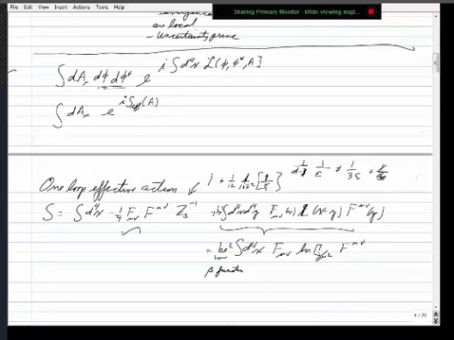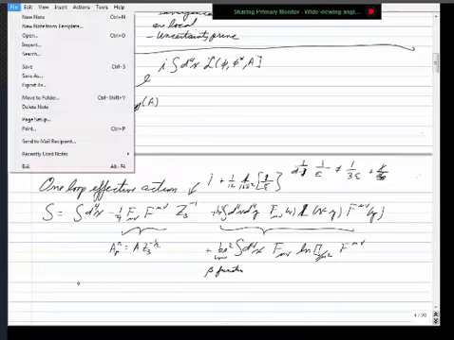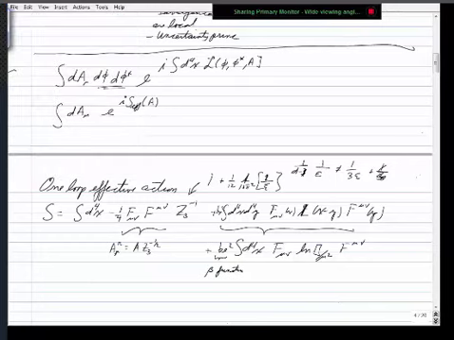Okay, and then I get an additional piece, which is integral d4x d4y F mu nu of x, this L of x minus y, F mu nu of y, a true non-local piece.